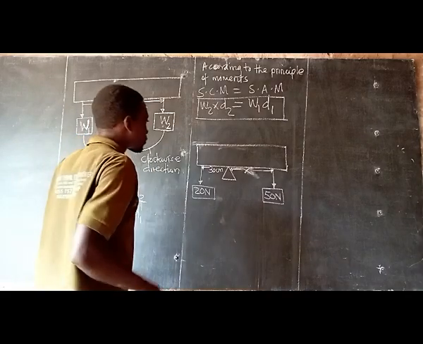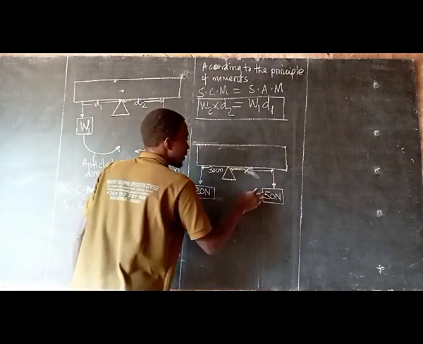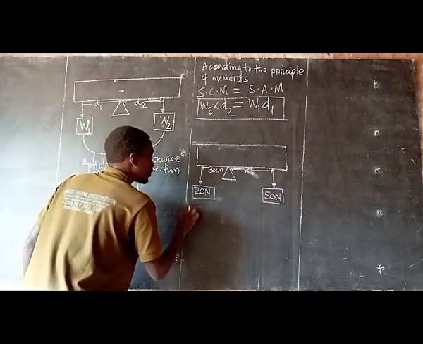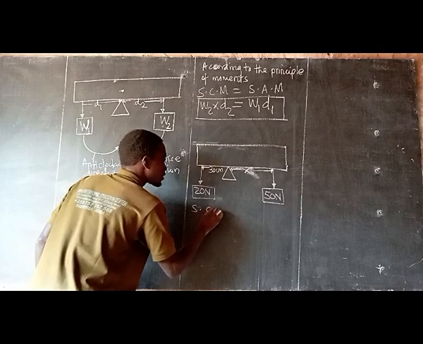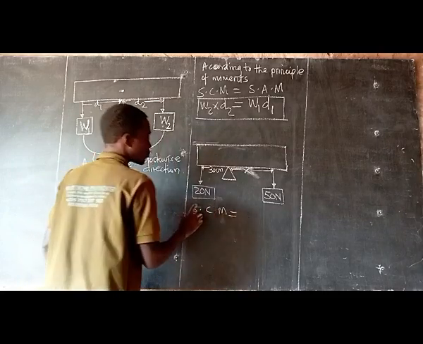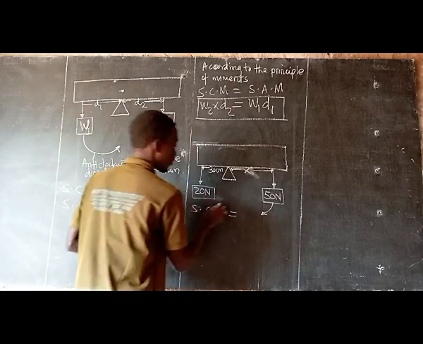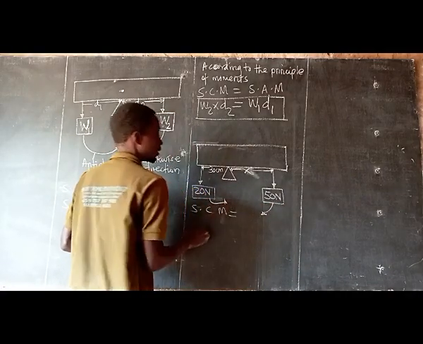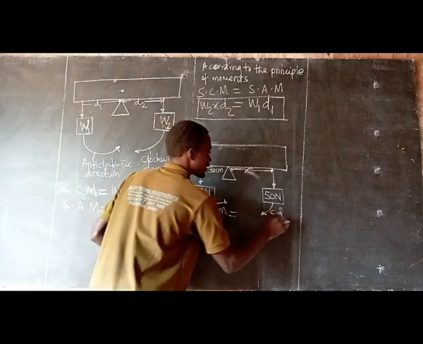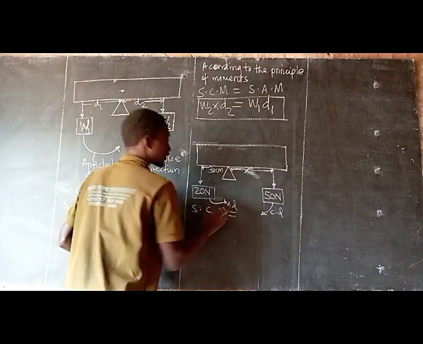Here, according to the principle of moments, the sum of clockwise moments will be equal to the sum of anticlockwise moments. Clockwise will be made by this force, while anticlockwise by this one. So this is clockwise direction, this is anticlockwise direction.